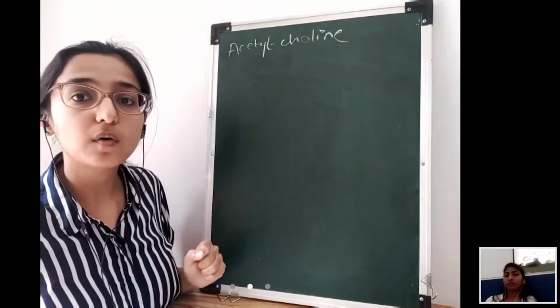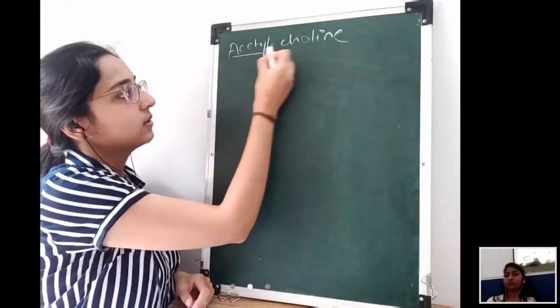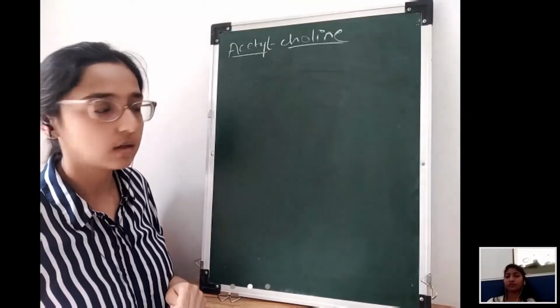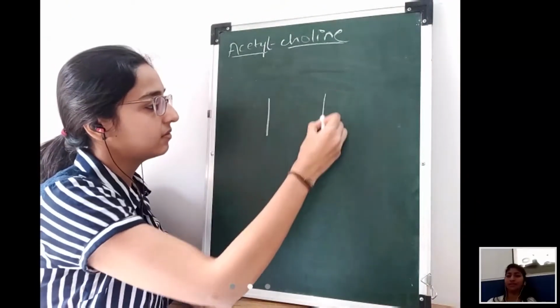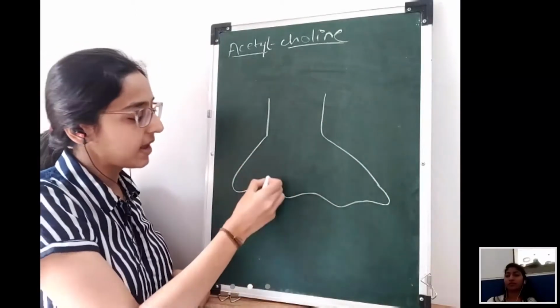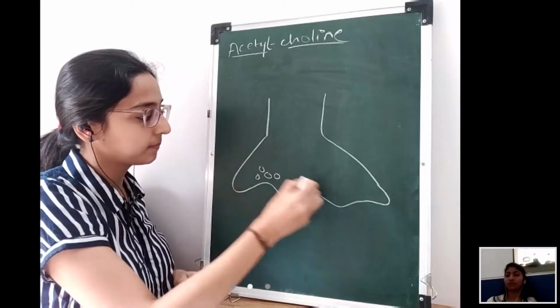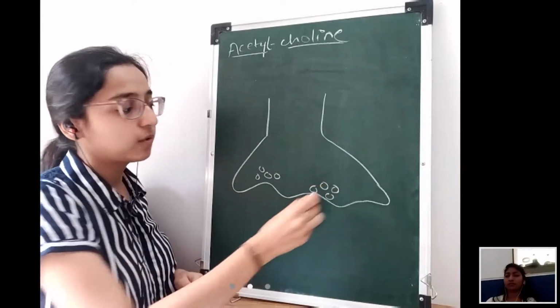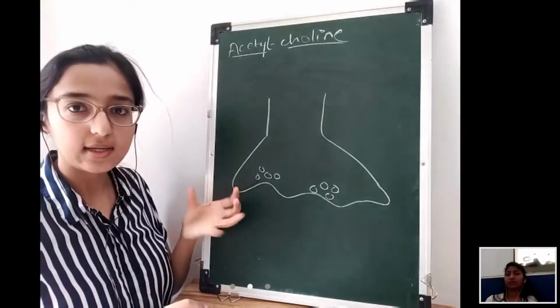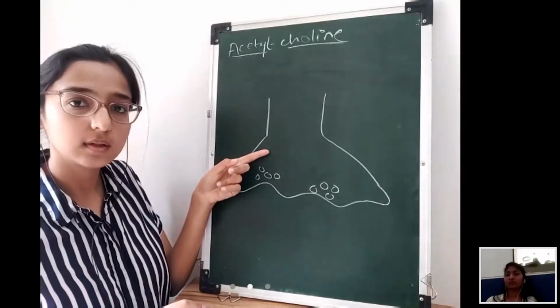It is made up of two components, acetyl and choline, correct? Now if this is the nerve, and we have the vesicles located here, before the acetylcholine neurotransmitter can enter the vesicle, it has to be produced in this nerve, correct?